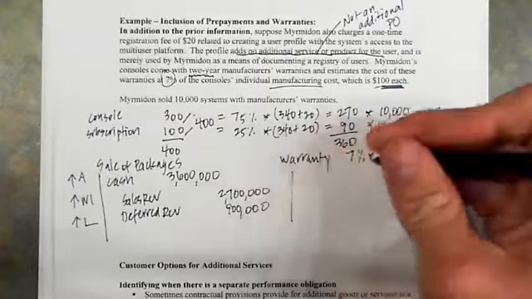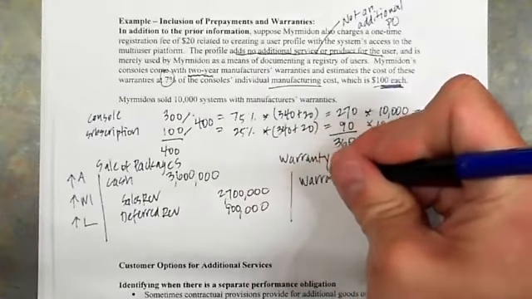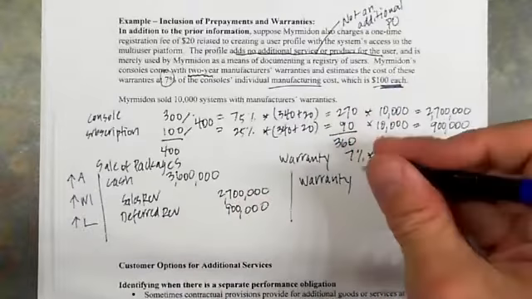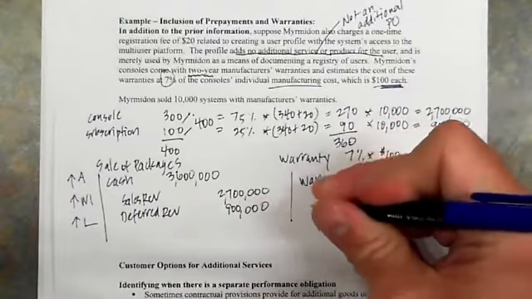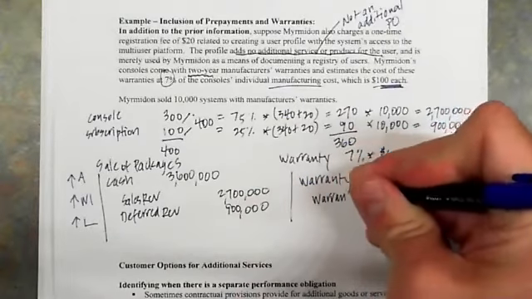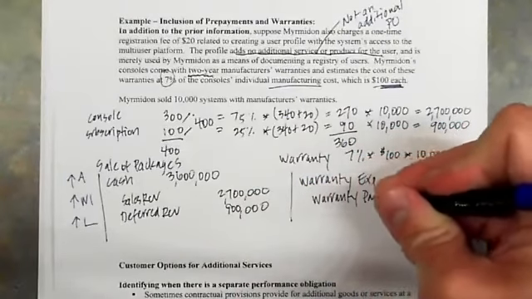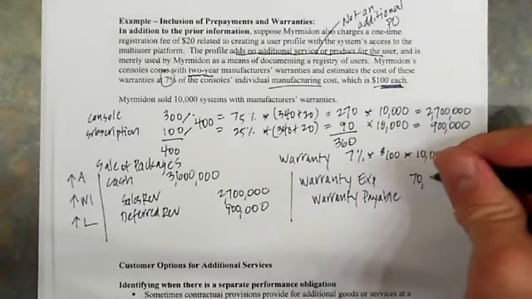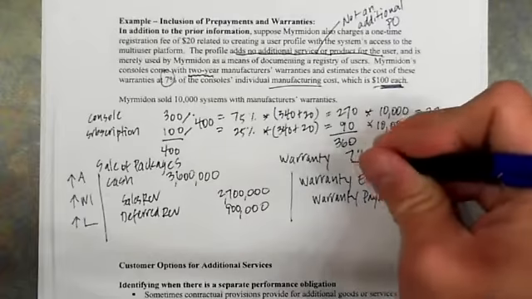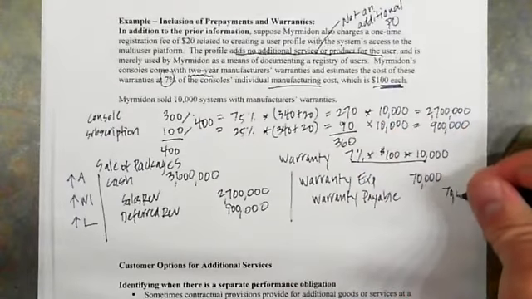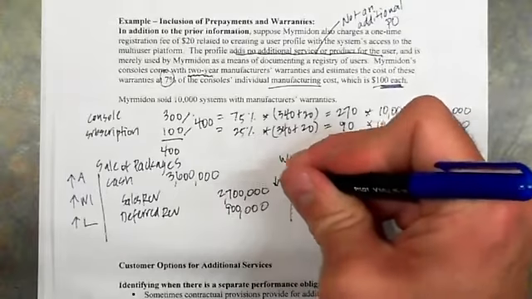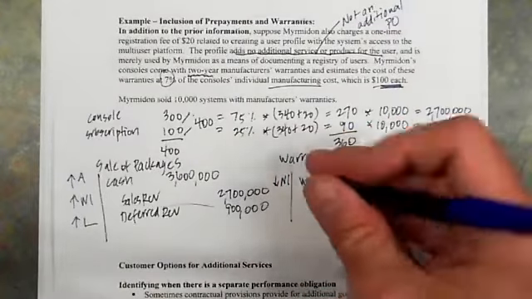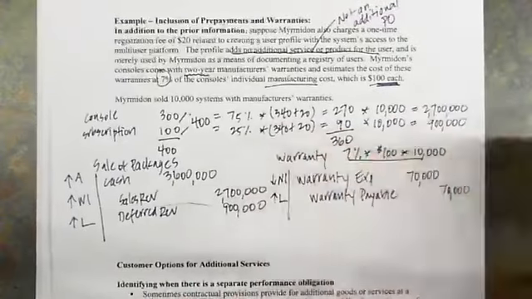Right? And that gives me the warranty expense that I want to match to the sales revenue. Right? So the warranty expense, warranty payable, is going to be $70,000. That is this right here. So this decreases my net income. I recognize that expense with the increase of net income that came from the sales revenue, and it increases my liabilities.